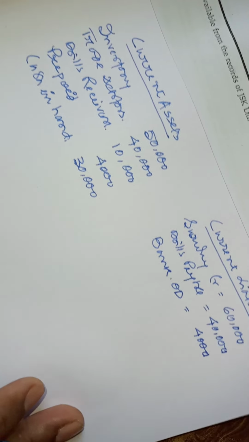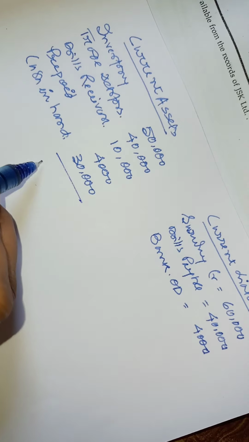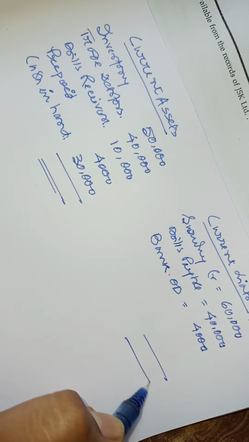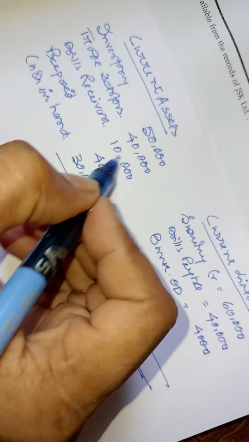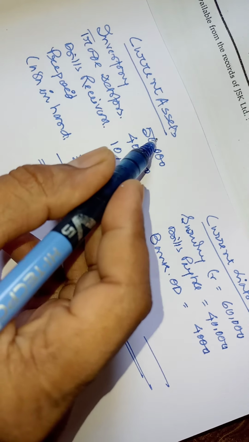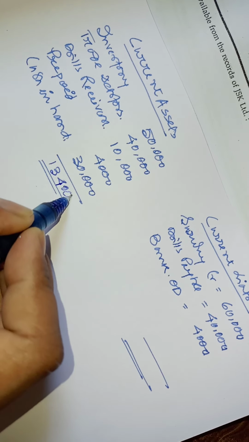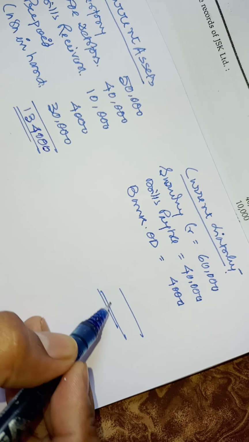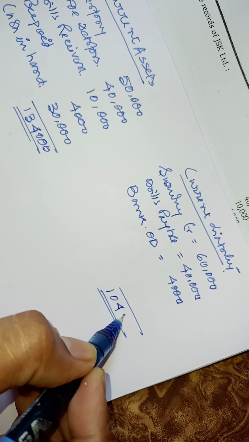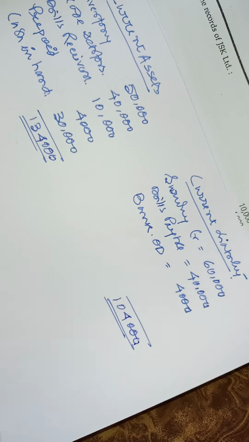So we have to add all these things to get the total current assets and current liabilities. Current assets are 1,34,000 and current liabilities are 1,04,000.